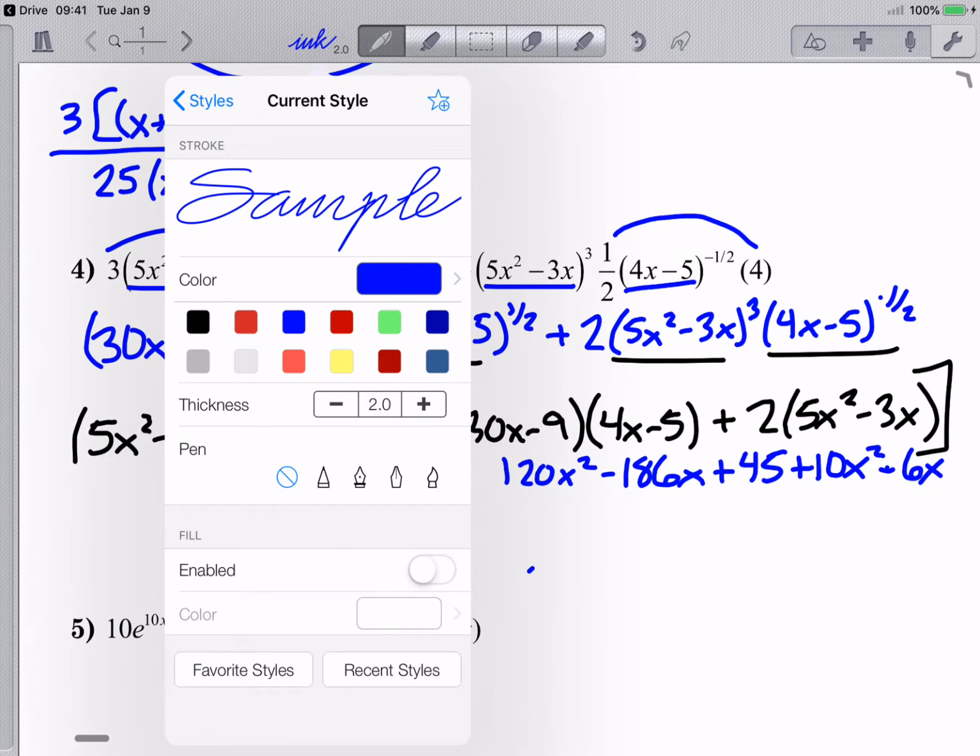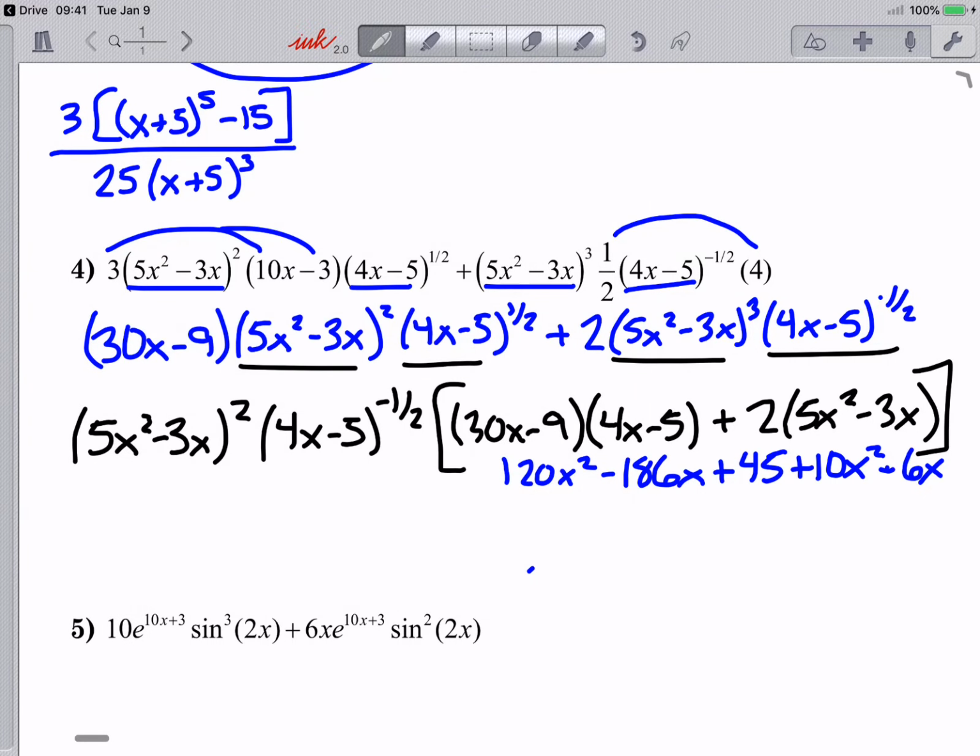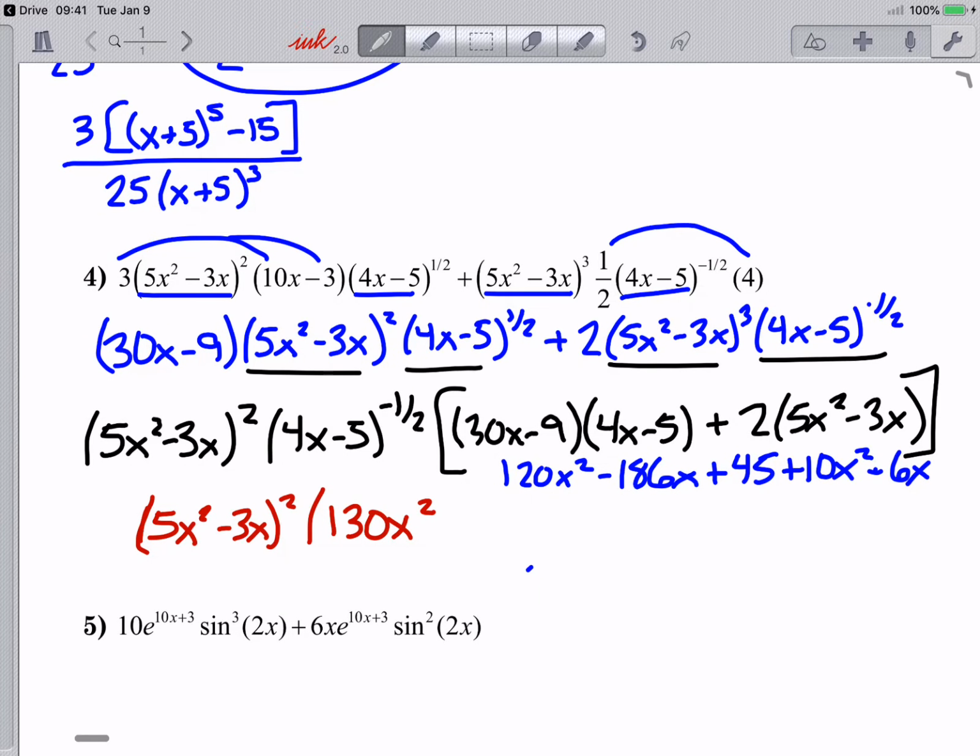So then my final answer would be the 5x squared minus 3x. That's a bad parenthesis. This quantity squared times, clean up the inside of the brackets, and I've got 130x squared, minus 186x minus 6x gives me minus 192x.